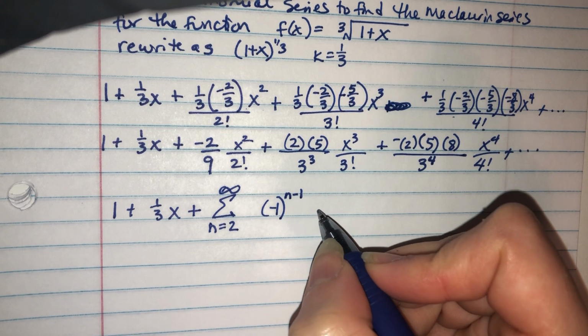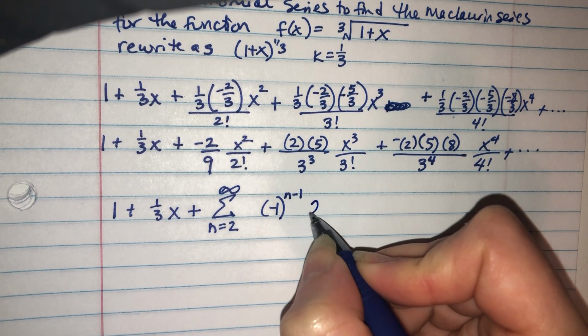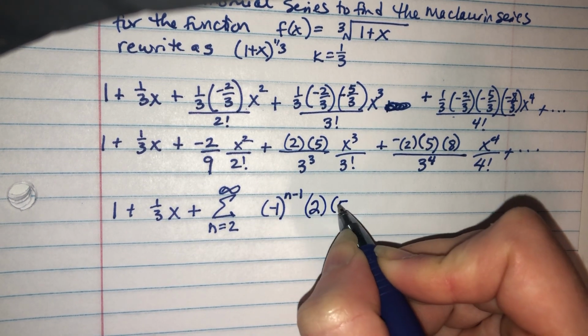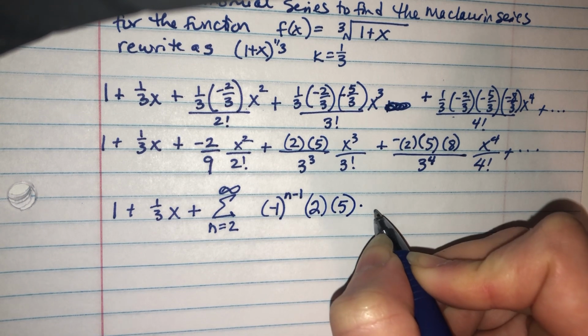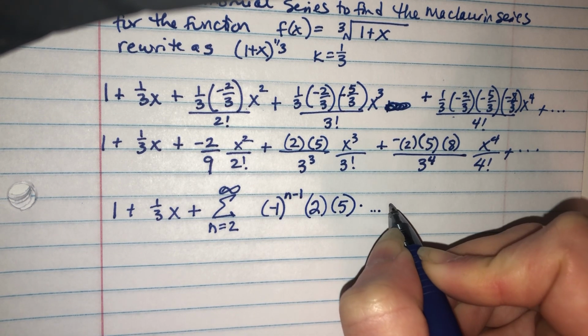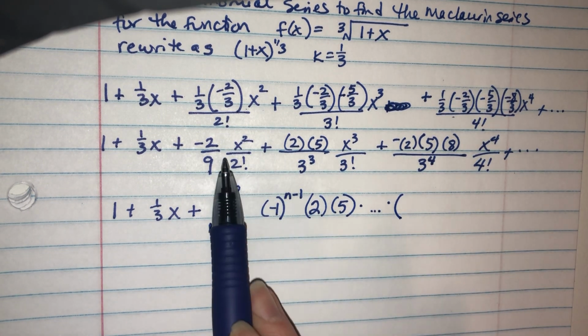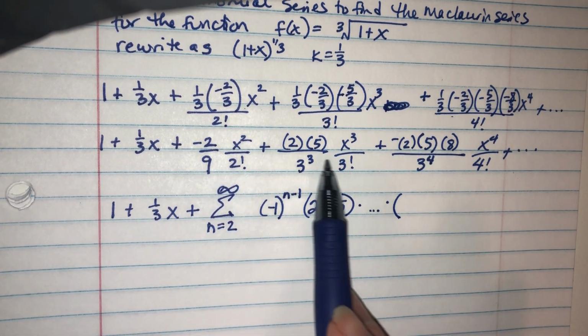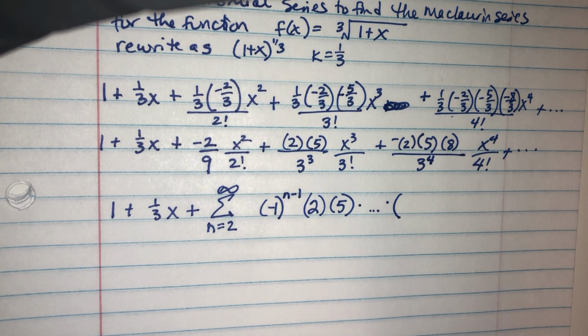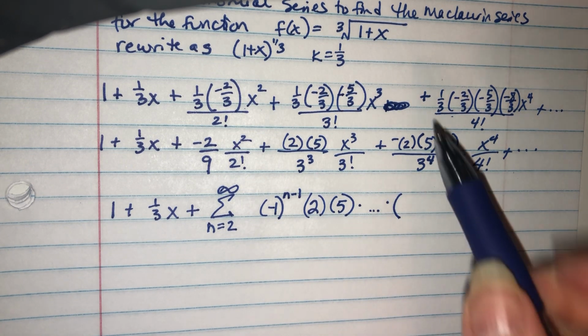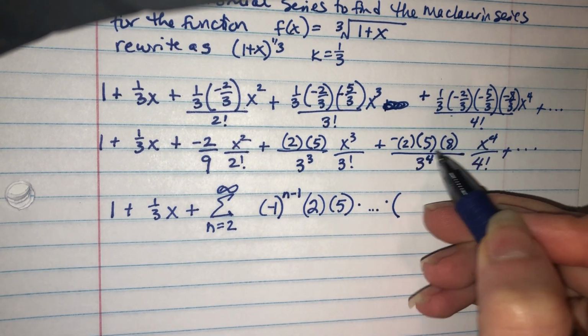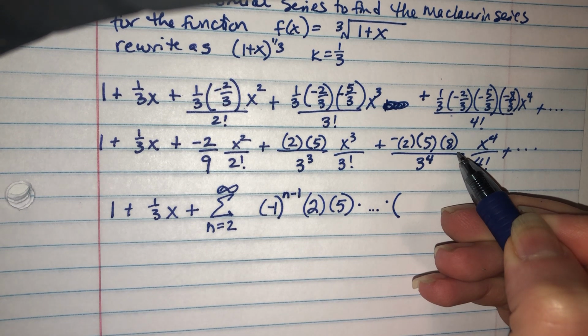And then I'm going to have times 2 times 5 times dot dot dot times, we need a rule that generates the numbers that we're multiplying by here in the numerator, 2, 5, 8. This is a linear pattern. These are increasing by 3 each time.